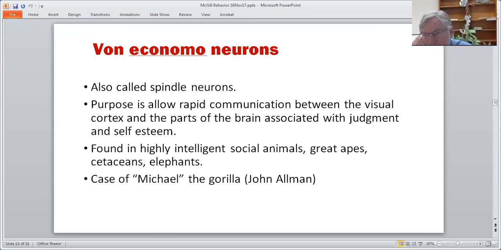These were discovered in the early last century, around 1900, by a guy named von Economo, and they're also called spindle neurons. Their purpose seems to be to allow rapid communication between the visual part of the brain and the limbic brain and hypothalamus, associated with sociality, judgment and self-esteem. They're very long and very, very narrow, so electrons are transmitted very rapidly.